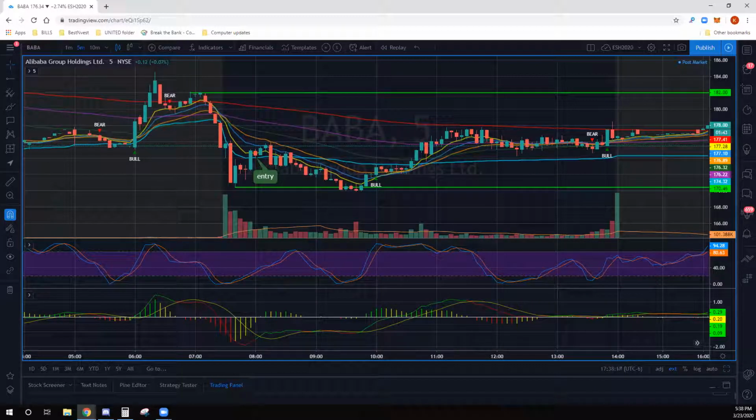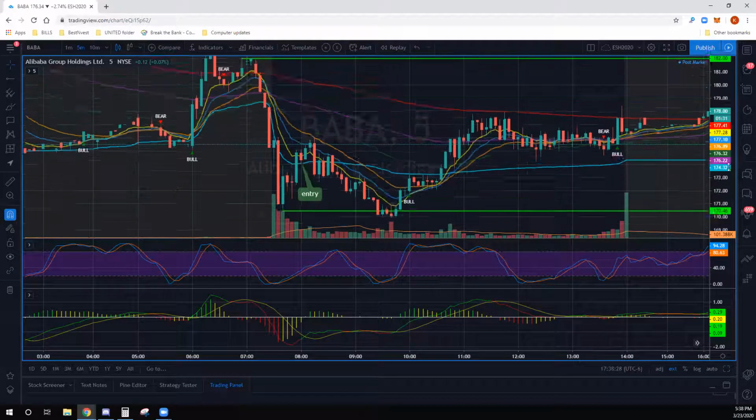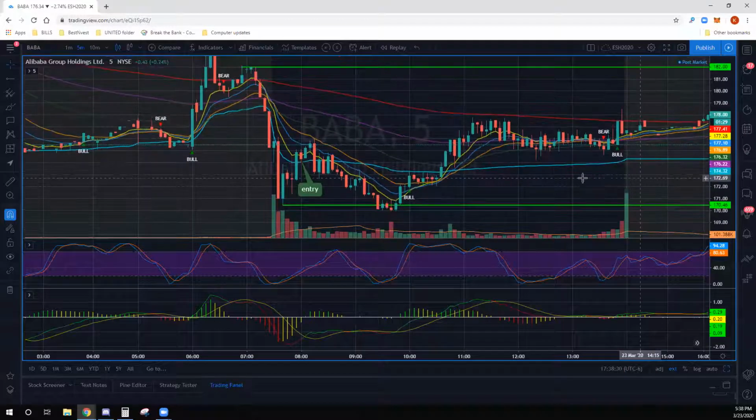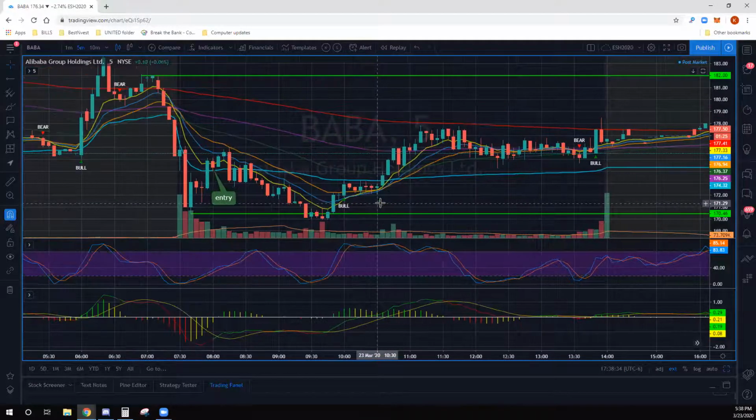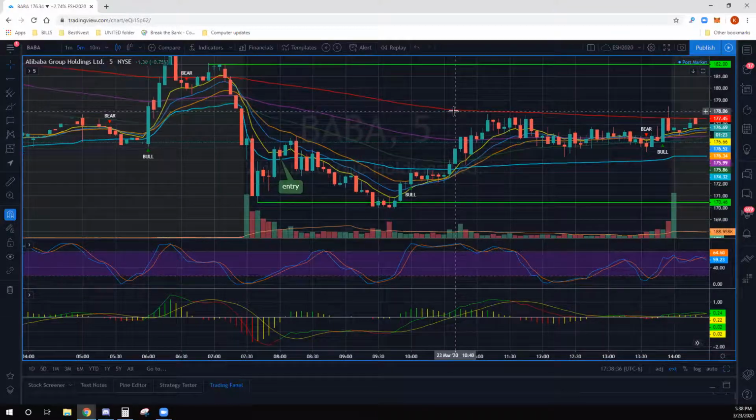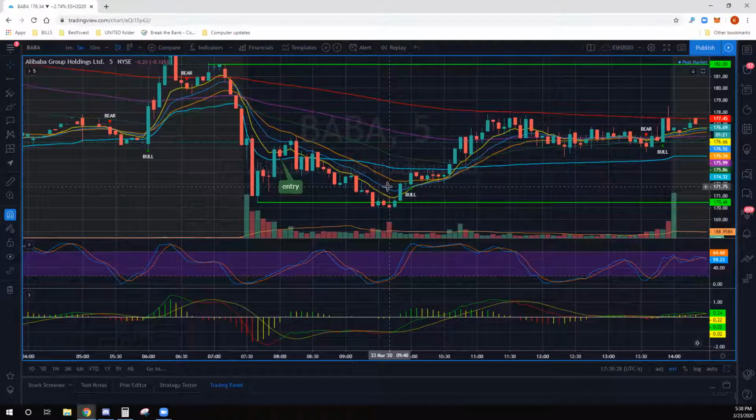Okay. So someone's asking if I could explain the moving averages. If we're talking about technical analysis, these moving averages are basically set up in a way where, in theory, it shows how many days it takes for a price to get to a certain level here.